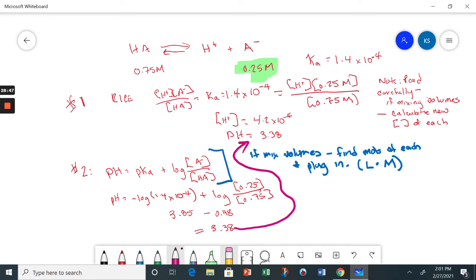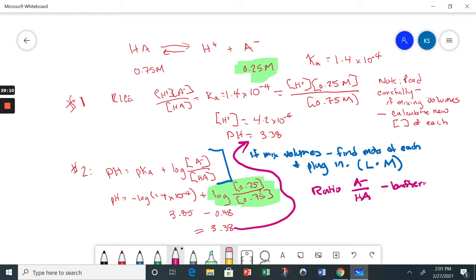What is a buffer? A buffer is this. This part is what we talk about buffering. That ratio between A minus and HA is the buffering that goes on.